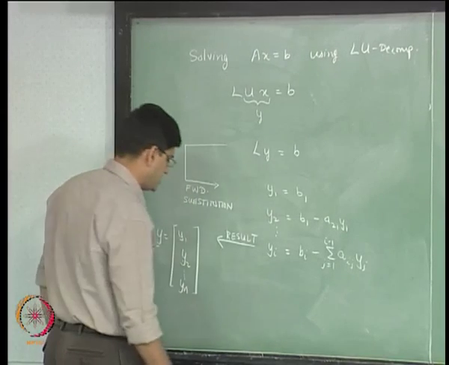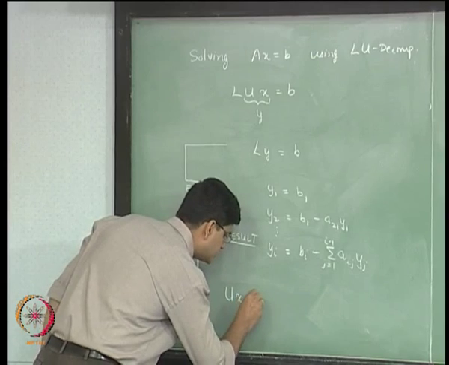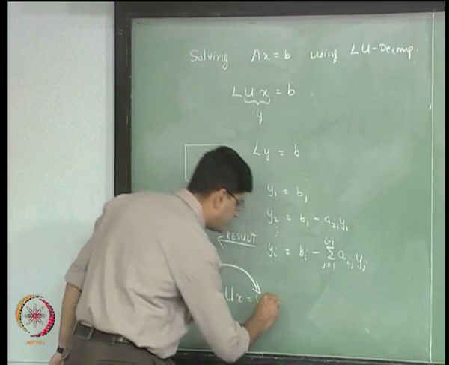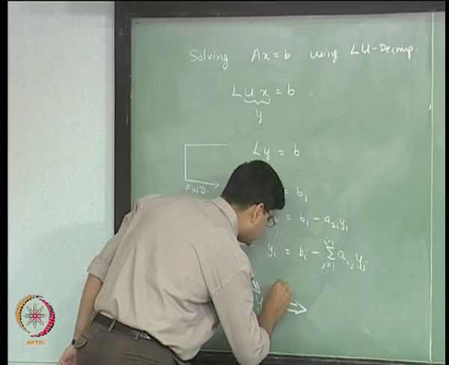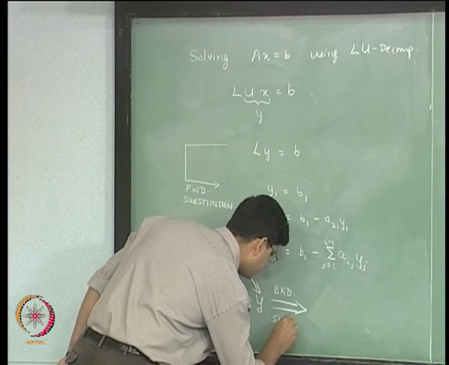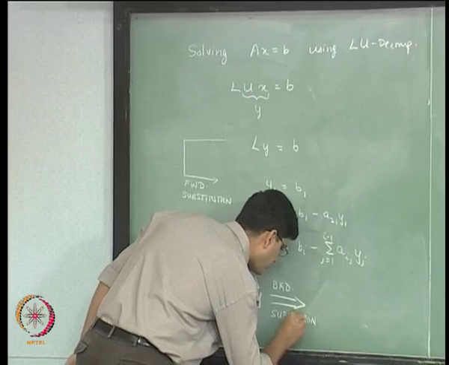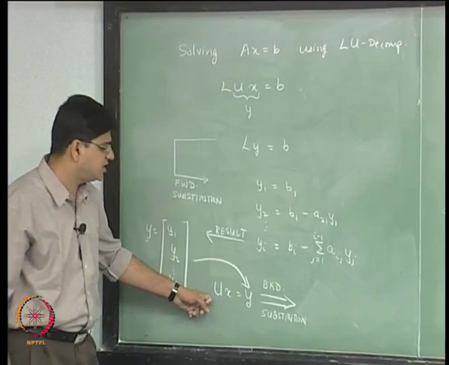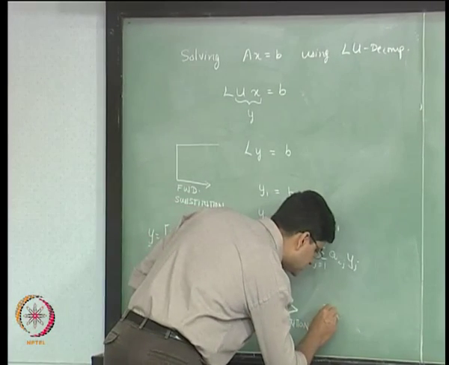So, the second equation is Ux equal to y, where y is obtained from above, and you can solve this using backward substitution. When we solve this using the backward substitution step, we will indeed get x.